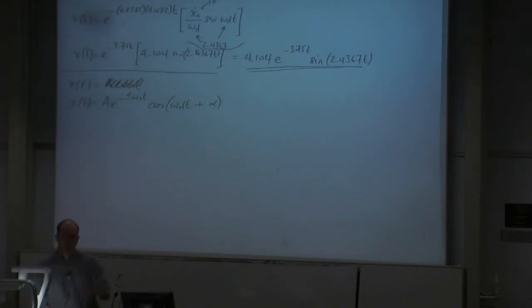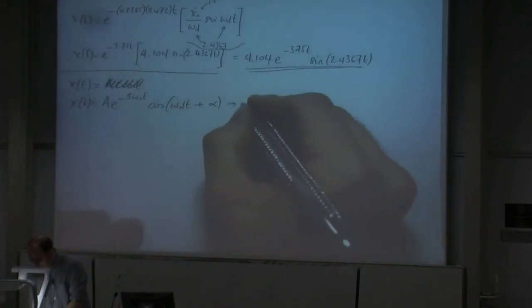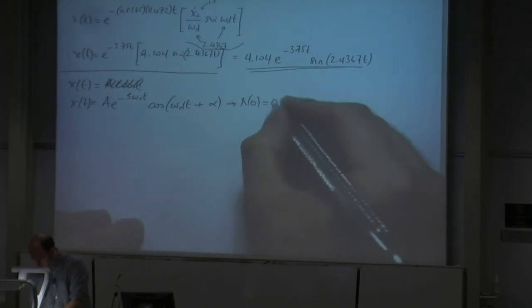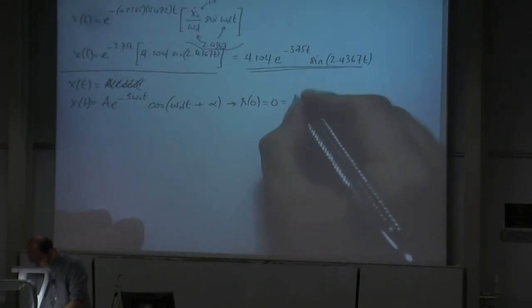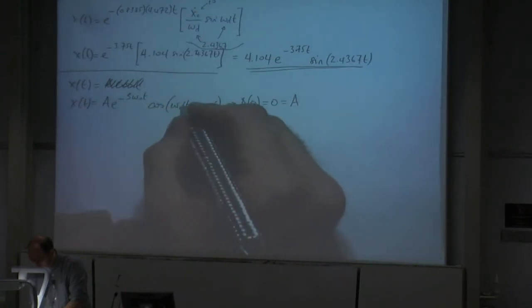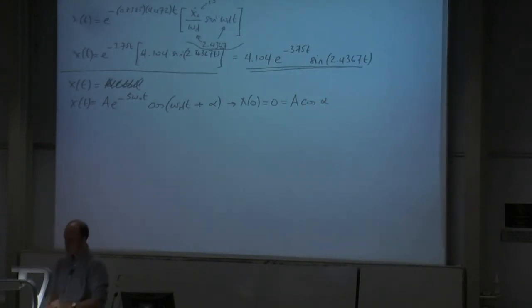And the other way to solve this is to find the first derivative of this equation and then solve for the initial conditions. We know that when x is 0, so in this first case, x of 0 equals 0, and that's going to be A. E to the power of 0 is 1. Cosine omega d t is 0, so it's going to be A cosine alpha equals 0.